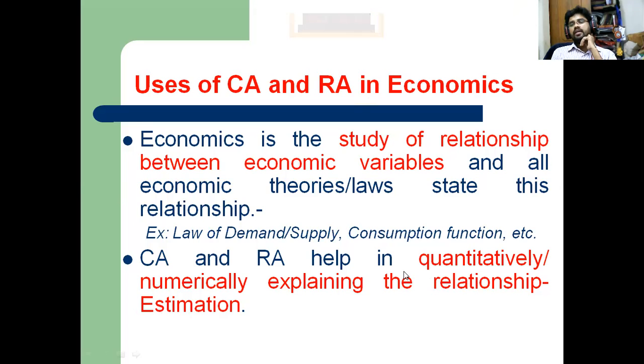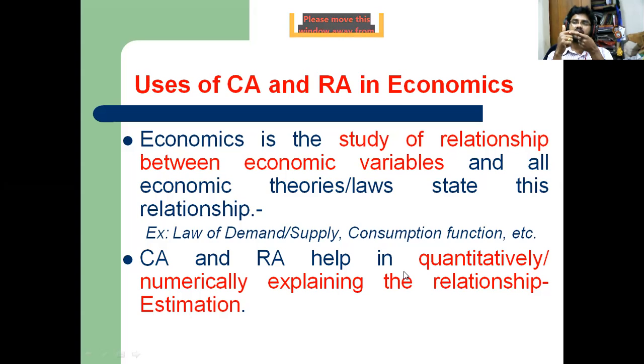When we use statistical methods in economics, they help to explain the relationship quantitatively and numerically, on the basis of numerical values, whether positive or negative. So if we get r equal to -1, what can we conclude as BA economics statistics students?